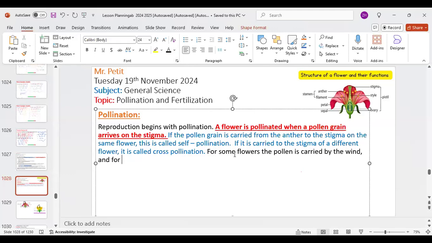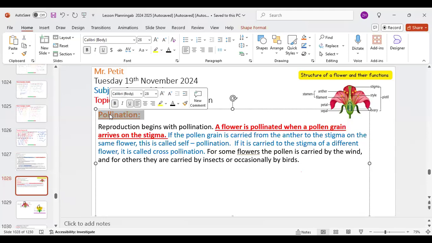And for others, they are carried by insects or occasionally by birds. So that's pollination.